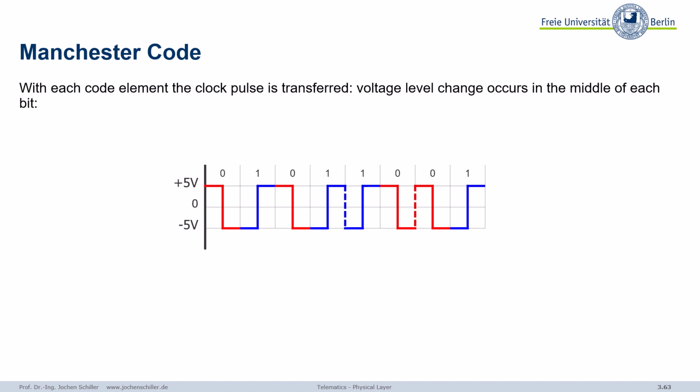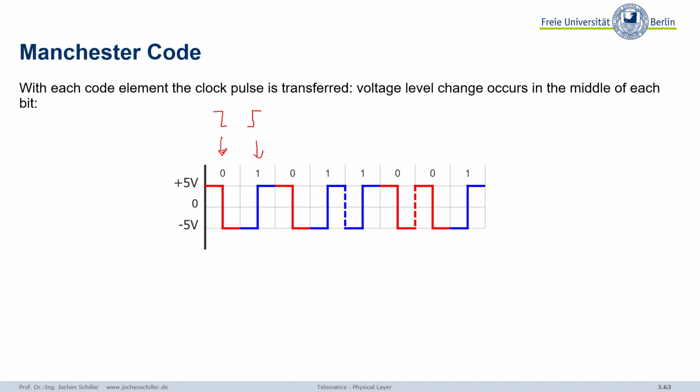So the idea here is that we transfer the bits by the edges in the middle of each bit. In this example, we code a 0 by a falling edge, and we code a 1 by a rising edge.